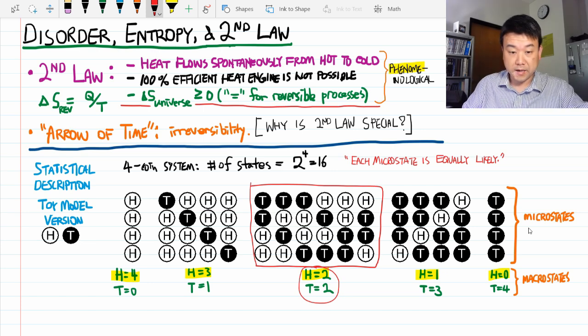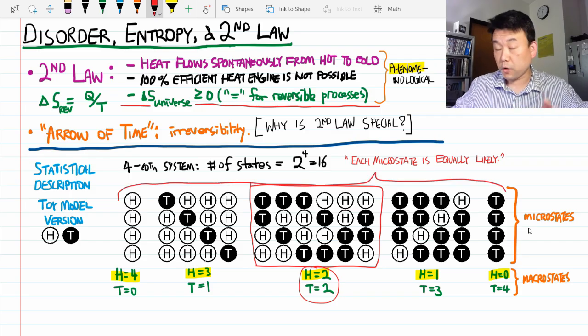So what this statement is saying is given 16 possible microstates, you have 1 in 16 chance of getting any one of them. And given this assumption of equality, the natural question is, why are macrostates so unequal?